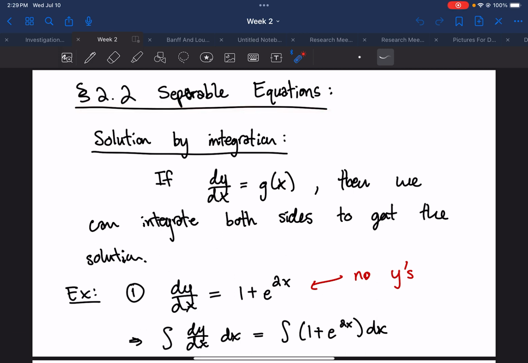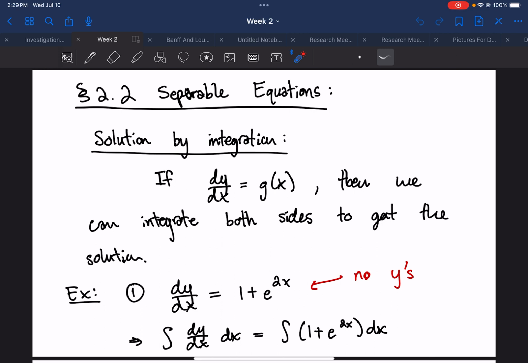What this means in spirit is that you can separate x and y across the equal sign from each other, or in some way, then you can just integrate both sides to find the solution.